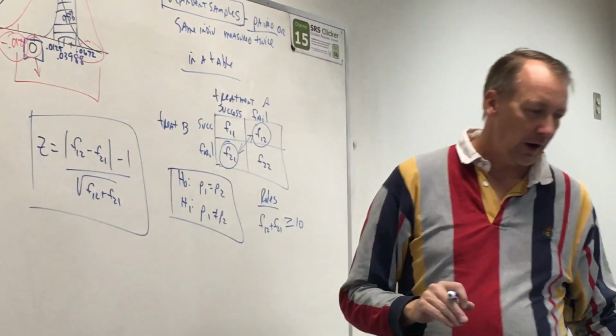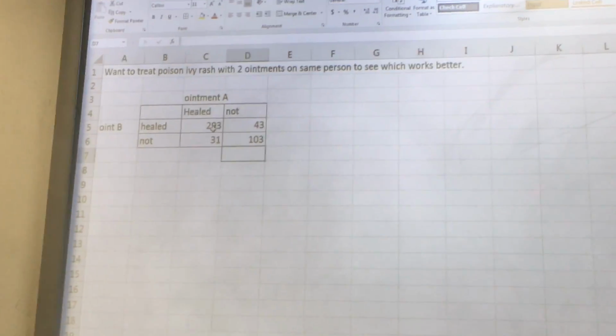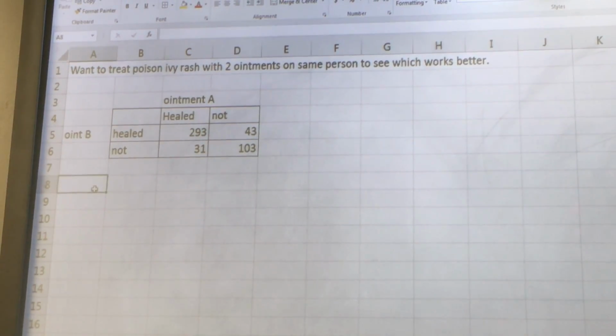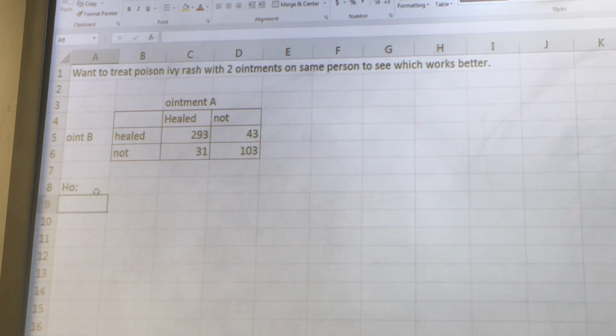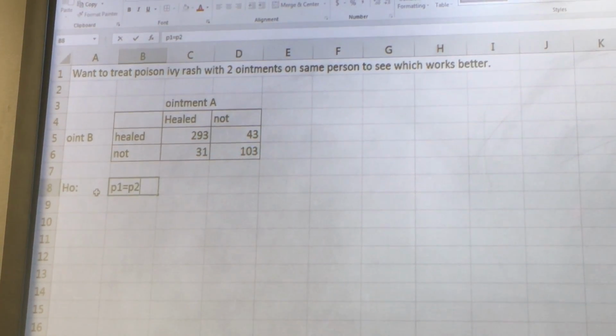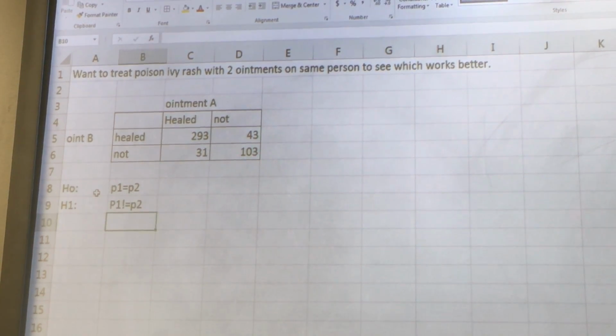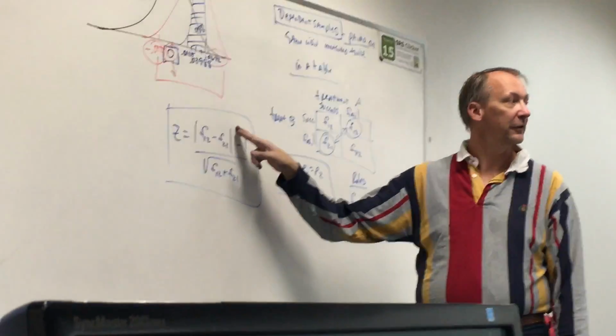Okay? All right, so in this case, your null hypothesis is P1 equals P2. The alternative hypothesis is P1 does not equal P2. Okay, this is always going to be a two-sided test. Alright, so you're going to get your z-score. Now, notice this has an absolute value here, which means it's always going to be positive, right?